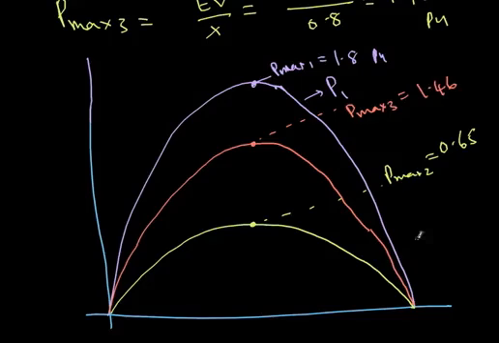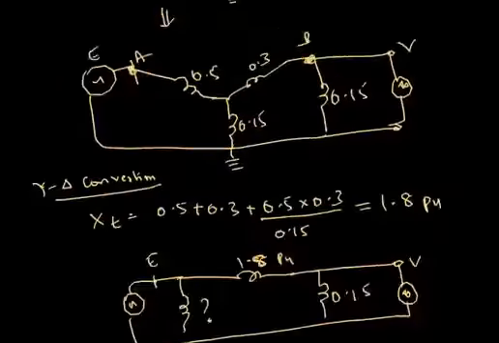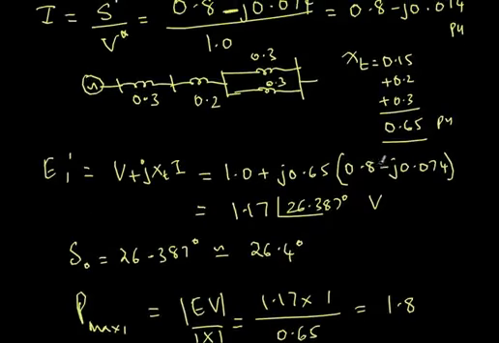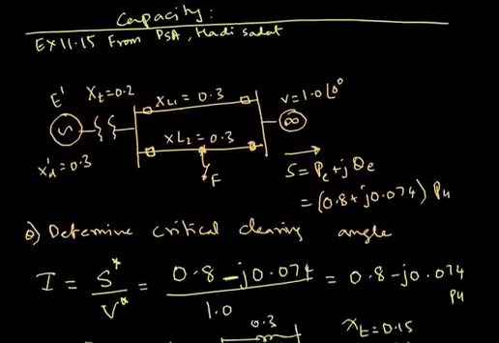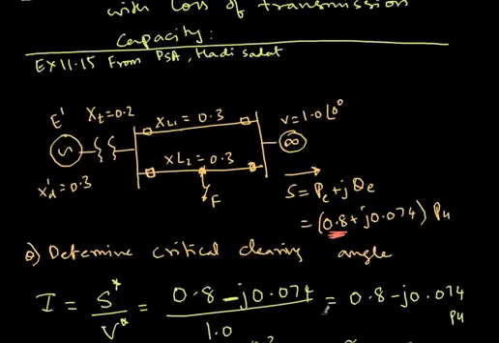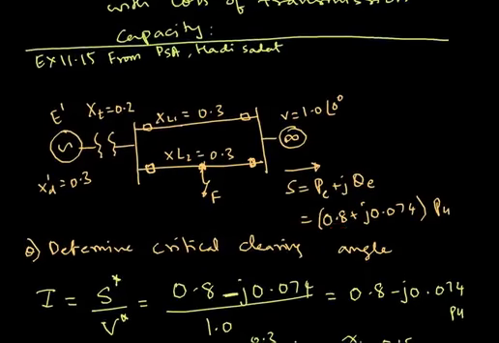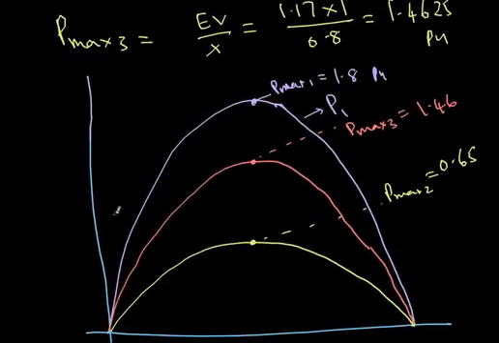And under normal operation, if I go to the question that is given, the active power that is going is 0.8, that is given in the question. So because active power is 0.8, at 0.8 I draw a line. So this is 0.65, so the 0.8 line will be somewhere like this. Let me use a different color.